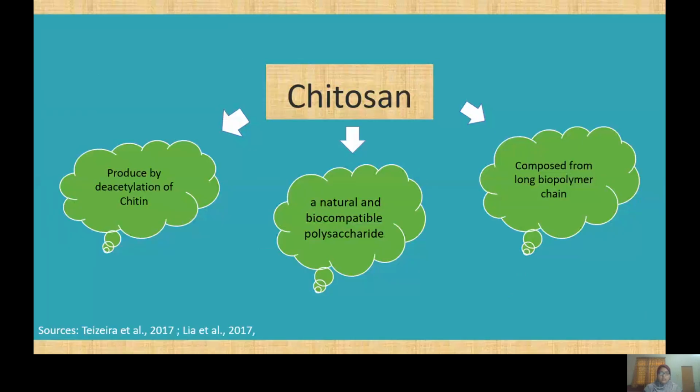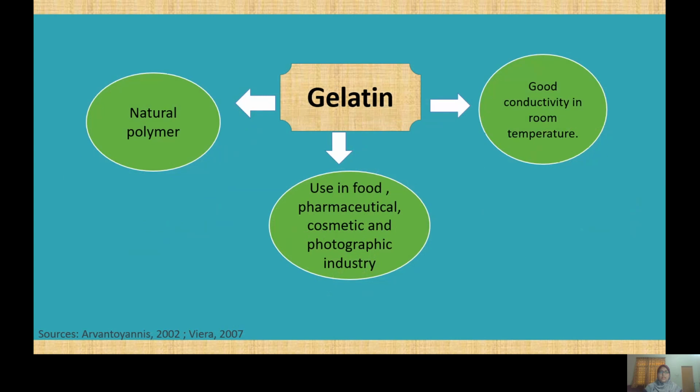Chitosan is produced by the deacetylation of chitin. It's a natural and biocompatible polysaccharide. It's composed of long biopolymer chains. Gelatin is one of the examples of natural polymer. It's used in food, pharmaceutical, cosmetic and photographic industry.